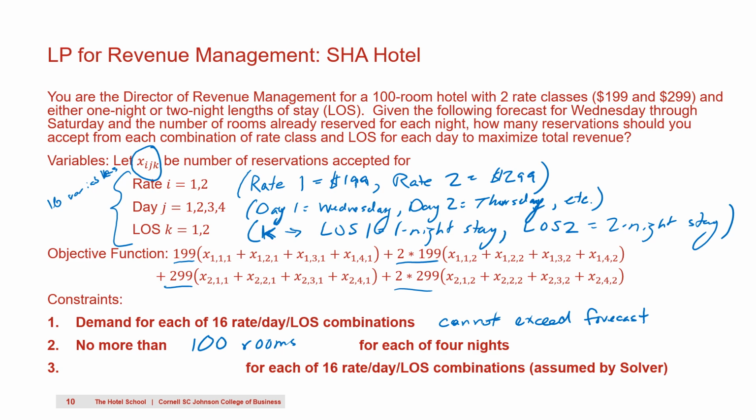Also, we can't go negative in the number of rooms we're selling. We can't buy rooms from a customer class so we can provide more than 100 rooms to other customer classes. That is not possible. And that's actually going to be assumed by Solver. It will say assume unconstrained variables are non-negative. And so we don't need to do anything special for that, but we should write that out as one of our constraints. Let's see how to formulate this in Excel and solve this problem.